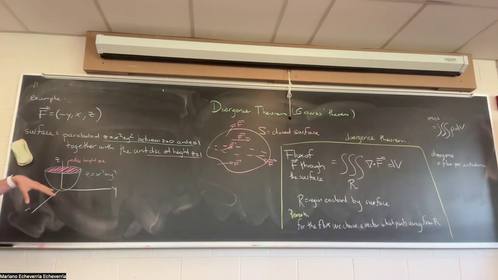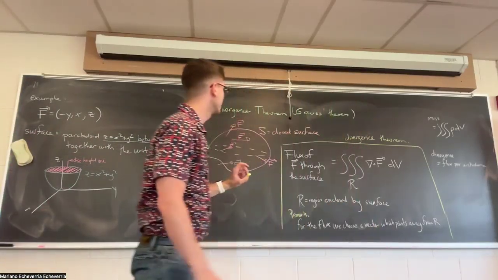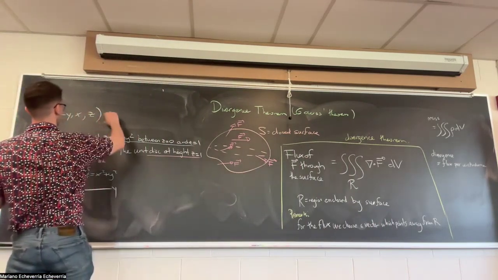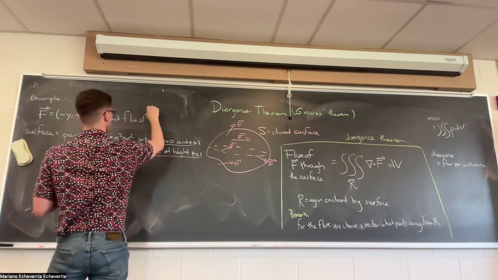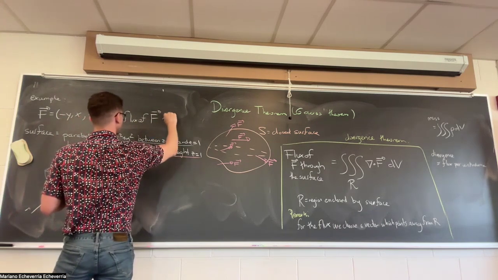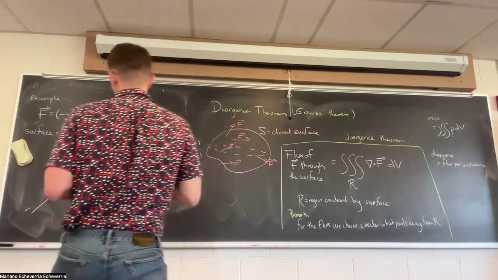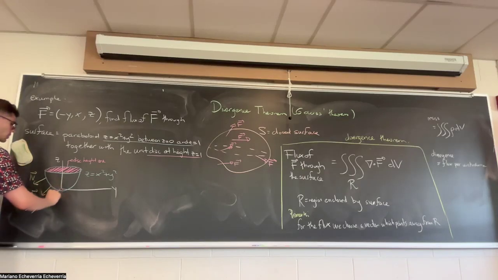Because it is a closed surface, I'm going to find the flux of F through this surface. When it's a closed surface, the convention is to choose a normal vector that points away from the surface, or away from the region enclosed by the surface, I should say.